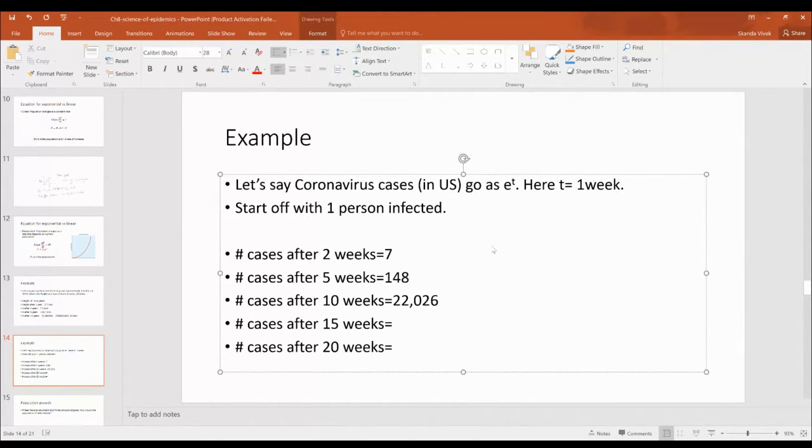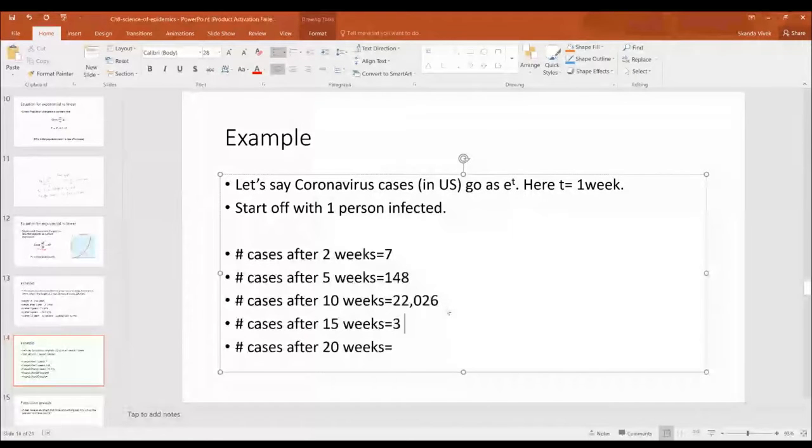Somewhere between 7 and when it was 148, we were like, oh, it's just 100. Now it's 22,000, and then after 15 weeks it's 3 million. How much is that? 3 million after 15 weeks.